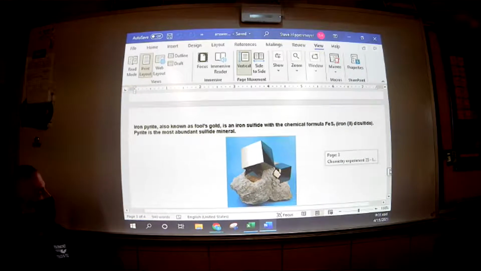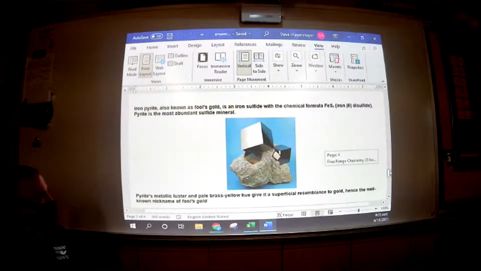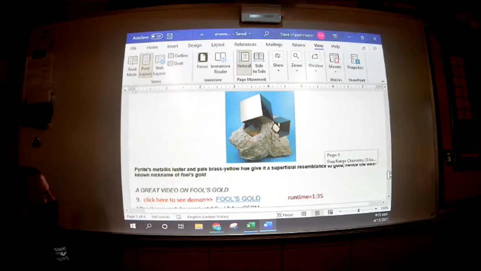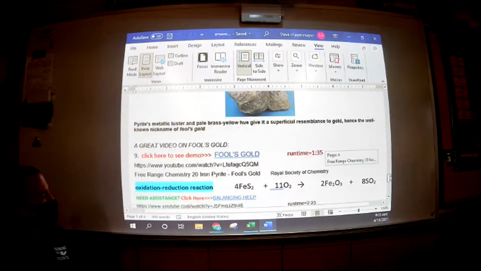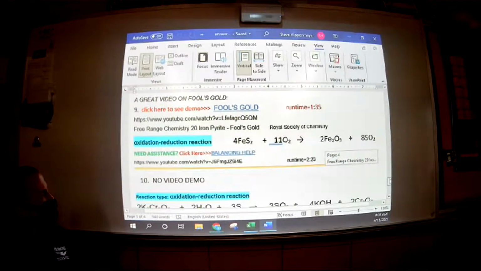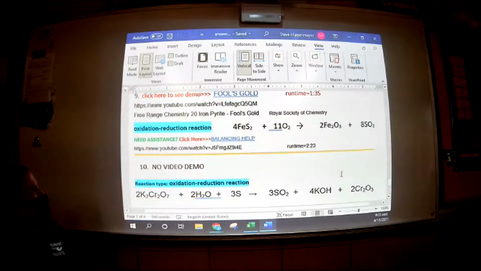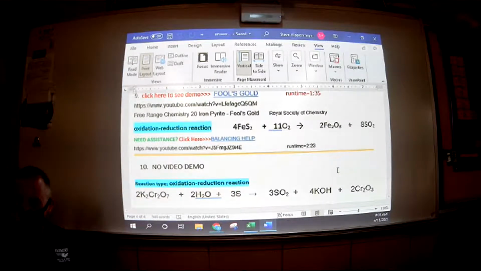Then we learned a little bit about fool's gold. Why was this really oxidation reduction? In a sense, also a combustion reaction in a way.